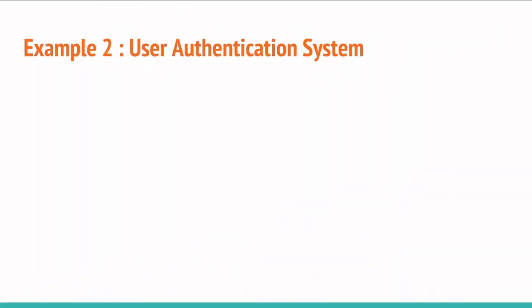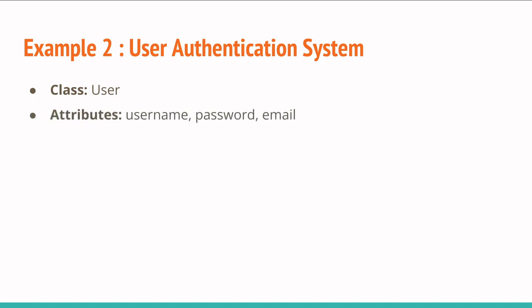Let's see another example. In a user authentication system, we have a User class, and in the User class there will be n number of objects: user1, user2, user3, user4, this way. And the attributes of this User class are username, password, email, because this is for a user authentication system.